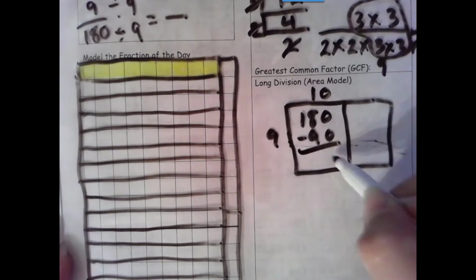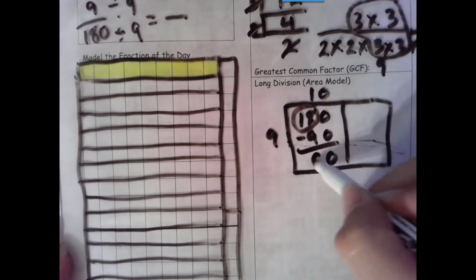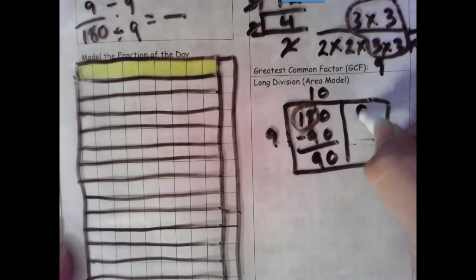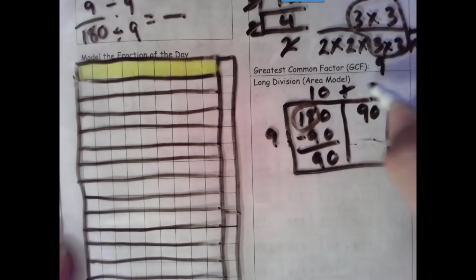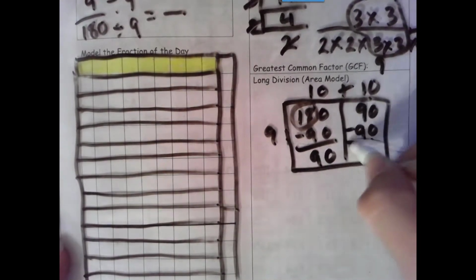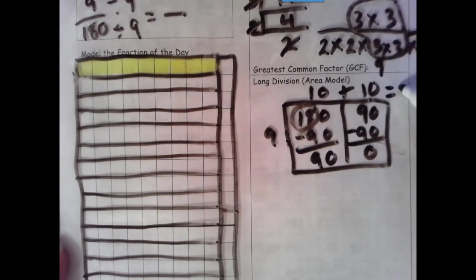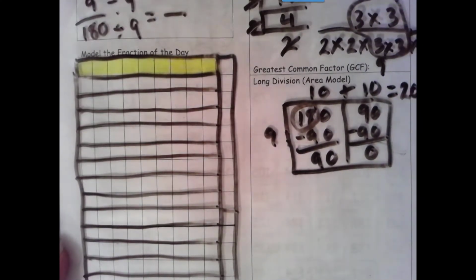Subtract, the number is the same, 0 is the game. And then this is just 18 take away 9, which is 9. Bring that up here, and then that would be 10 times 9 is 90. Add these partial quotients, we get 20.